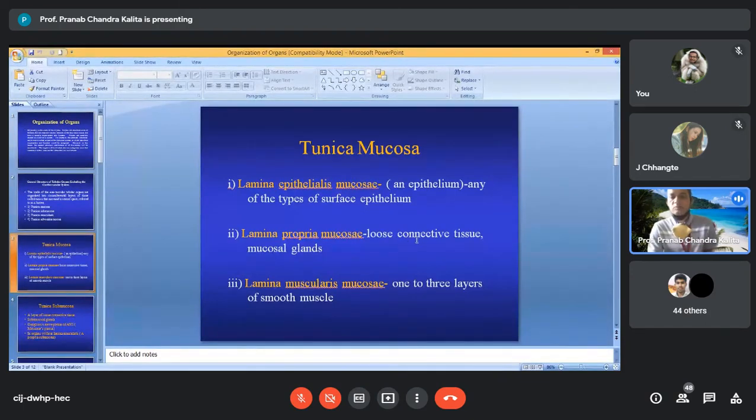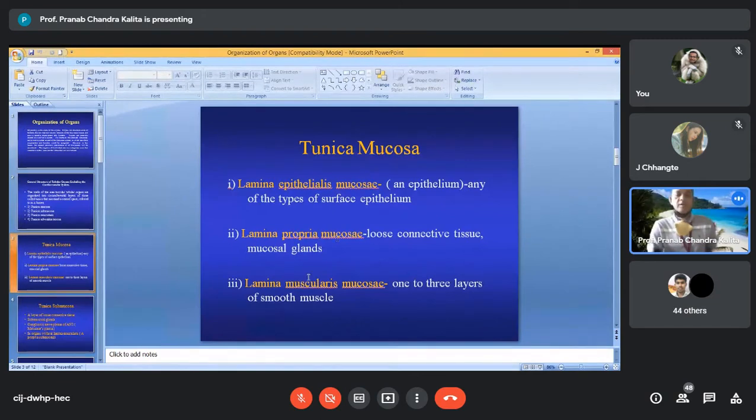Loose connective tissue also means you will find connective tissue cells as well as blood vessels. This blood will give the nutrition or nourishment to the epithelium, because epithelium is avascular. So from these underlying layers, the epithelium gets its nourishment from the lamina propria.